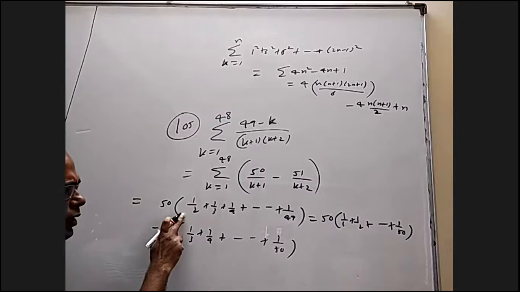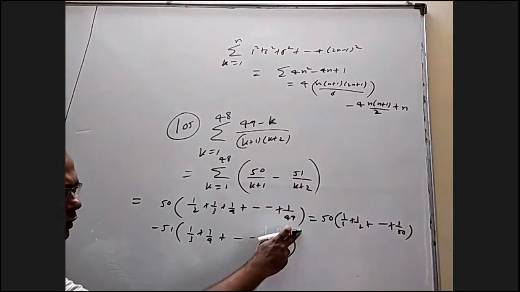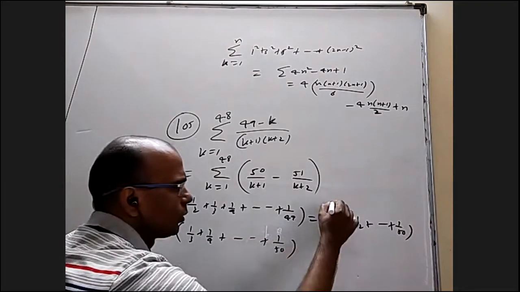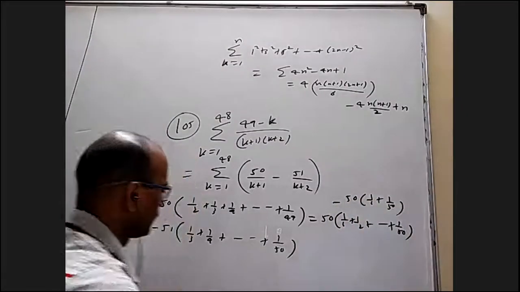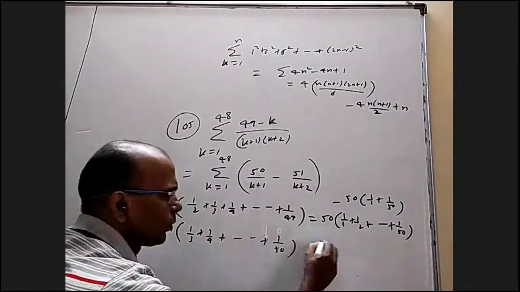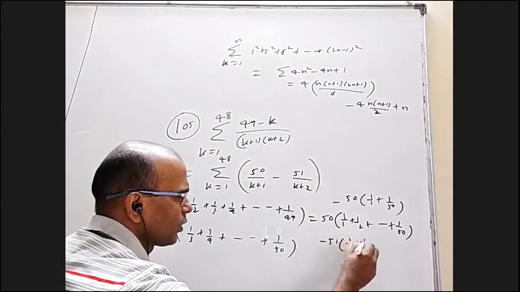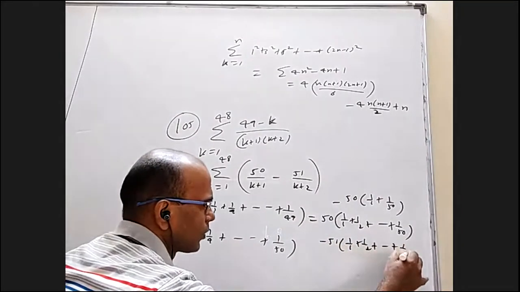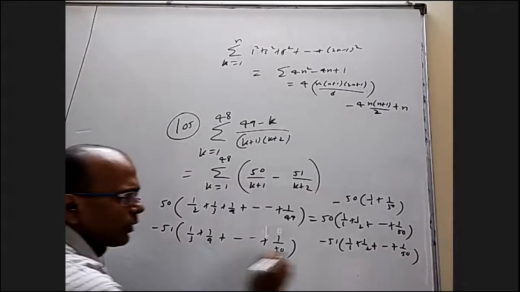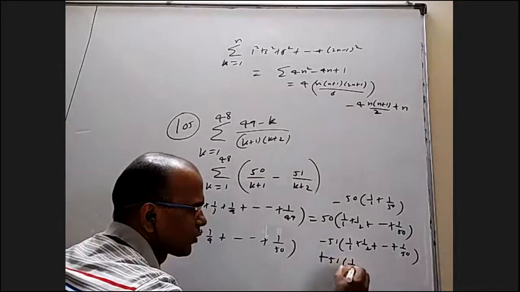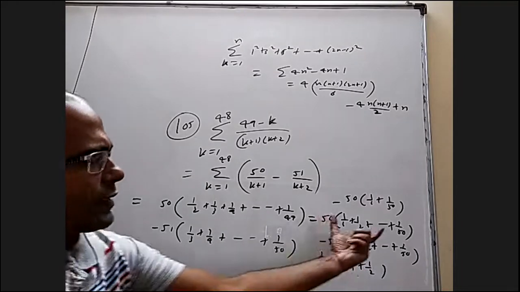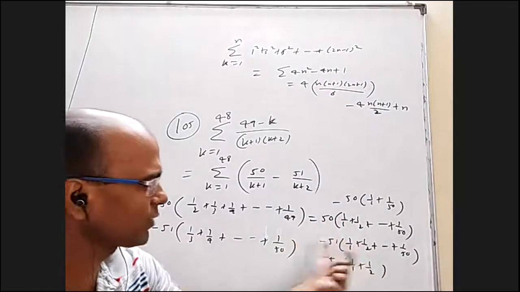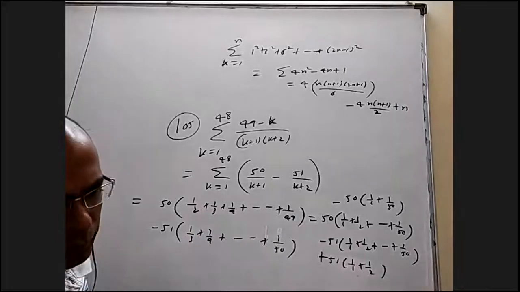But 1 by 1 and 1 by 50 are missing, so minus 50 times 1 by 1 plus 1 by 50. For this, minus 51 times 1 by 1 plus 1 by 2, so on up to 1 by 50. The first two are missing, so I have to add 51 times 1 by 1 plus 1 by 2. So this set is 50 times here minus 51 times, so together it will be minus 1 time.